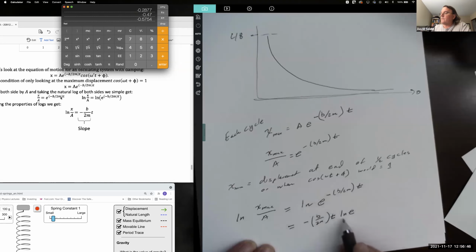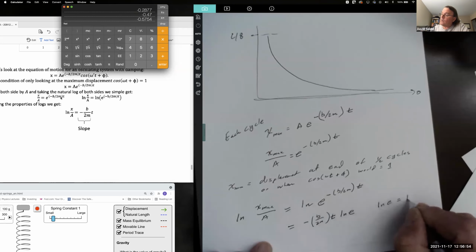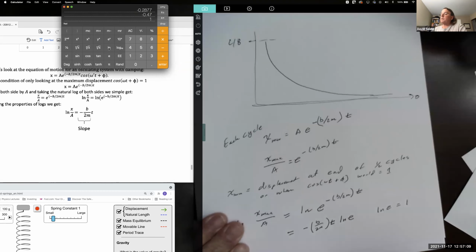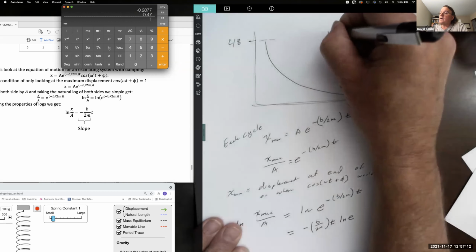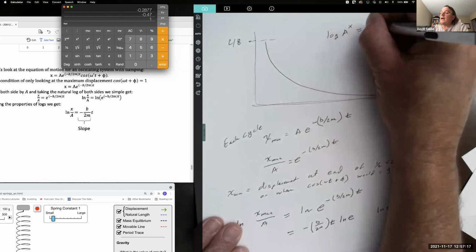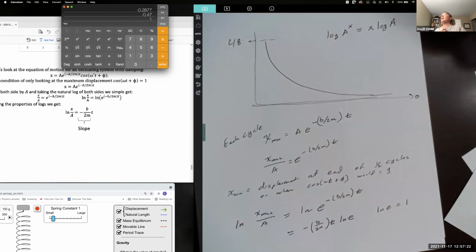I just took down what's in front and I have natural log of e. But the natural log of e is equal to 1. The value of e is 2.718. I take the natural log, it's equal to 1. And again, properties of logs: log of A to the X is equal to X times log of A. That's the property of logs.